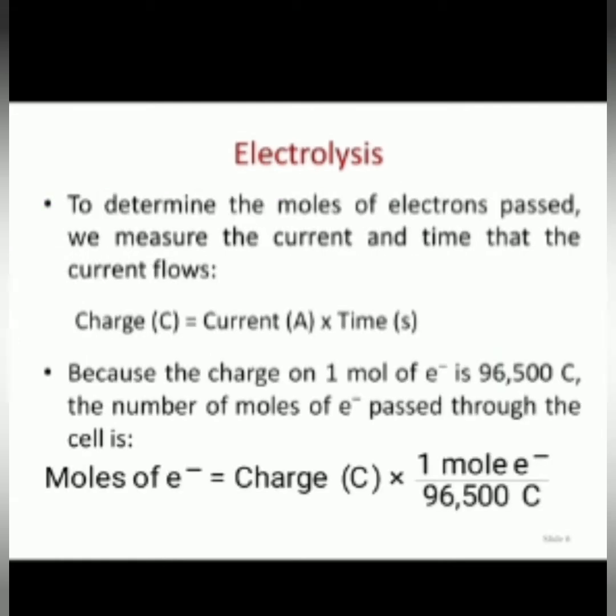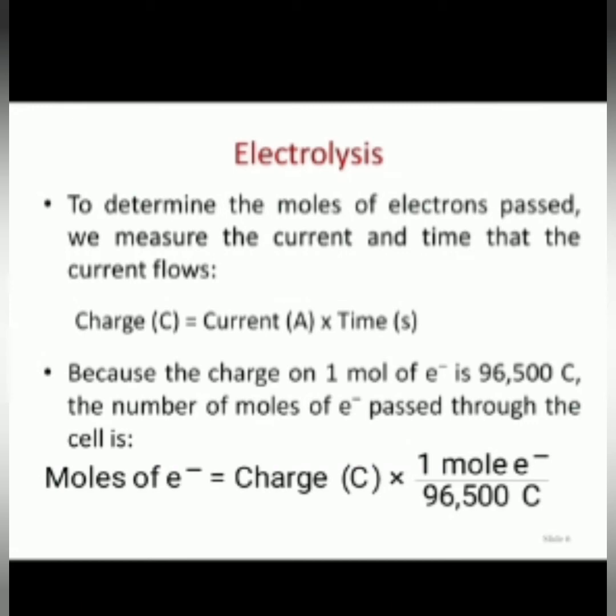Now, to determine the moles of electrons passed, we measure the current and the time that the current flows. Charge is the multiplication of current and time. Current can be measured in ampere and time in second.